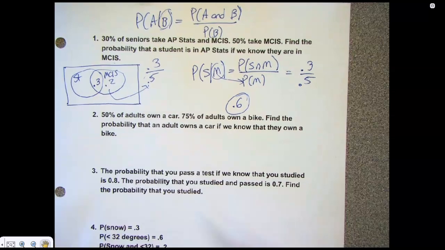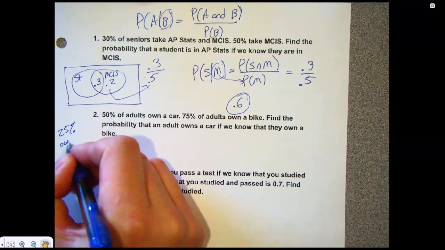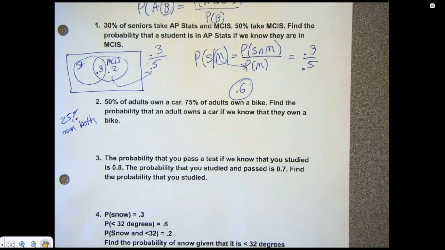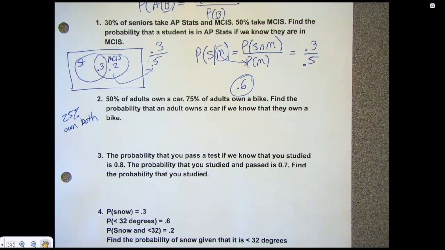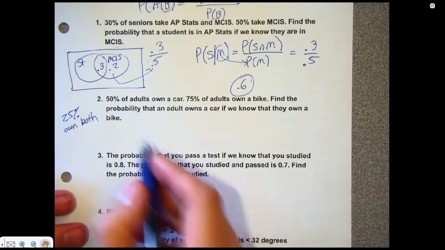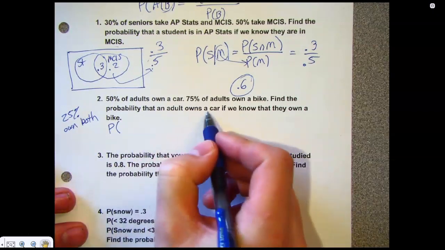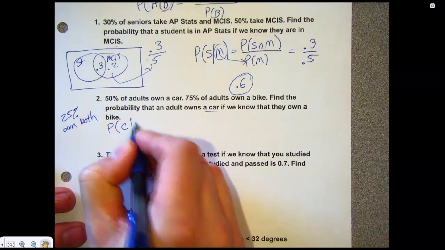Number 2, I forgot to tell you some information. So put 25% on both. But then again, let's go through both. So we'll do the diagram, do the formula, kind of see how they both go together. I'm going to do the formula first this time. So the probability that they own a car, if we know they own a bike.